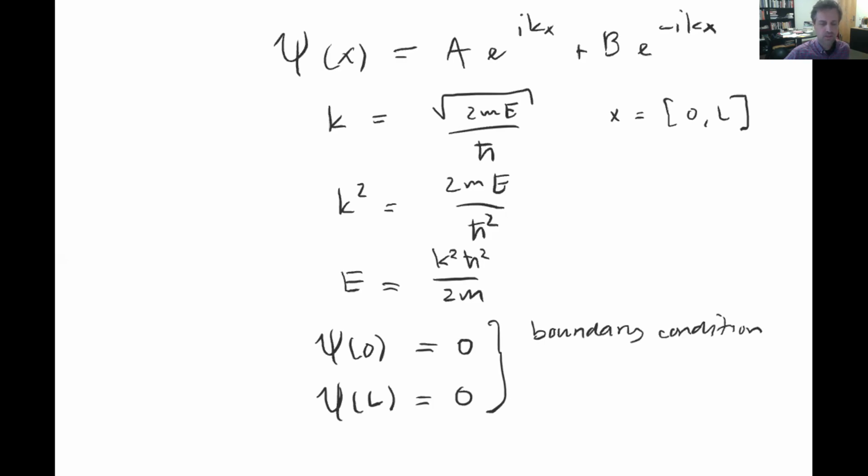Let's see if we can determine what the wave function looks like with these two conditions fulfilled. I'm going to take the shape of the wave function, and that is the following: A times e to the ik0, plus B times e to the minus ik0.